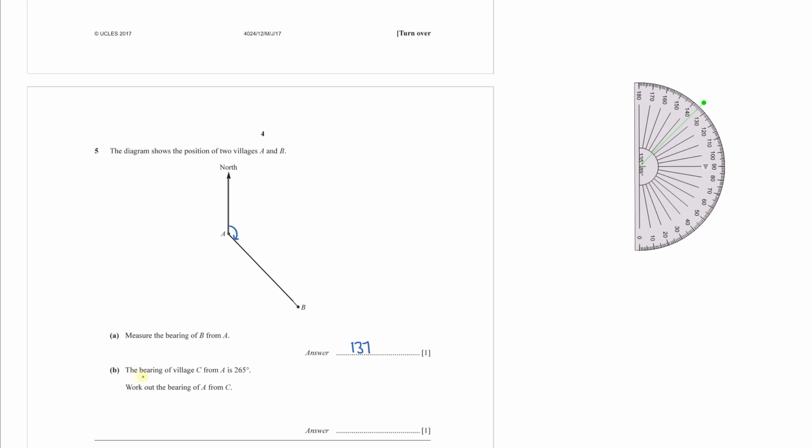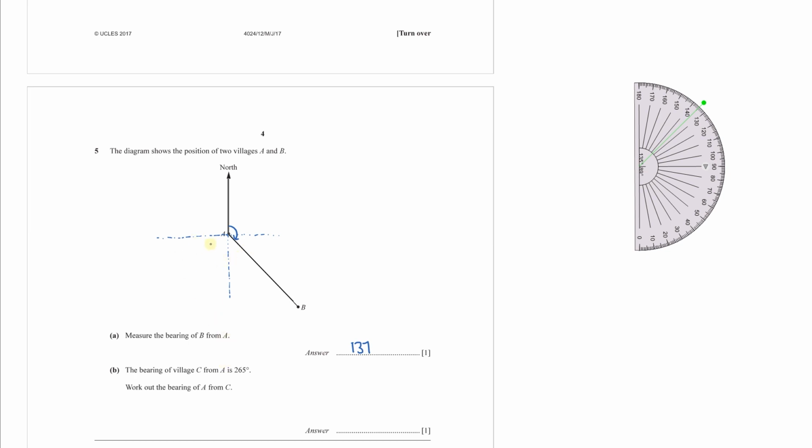So the next part is the bearing of village C from A is 265. So this we know would be the 180 bearing from A all the way if I stretch this straight line. And this bearing would be at 270. So I'm basically just making the four quadrants here. So if we start here, this is 90, this is 180, this is 270.